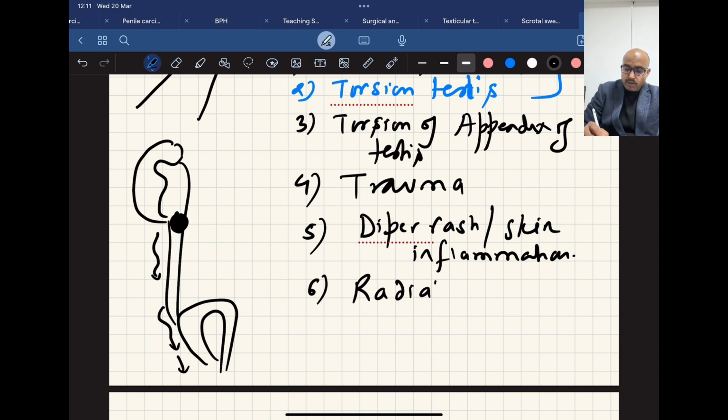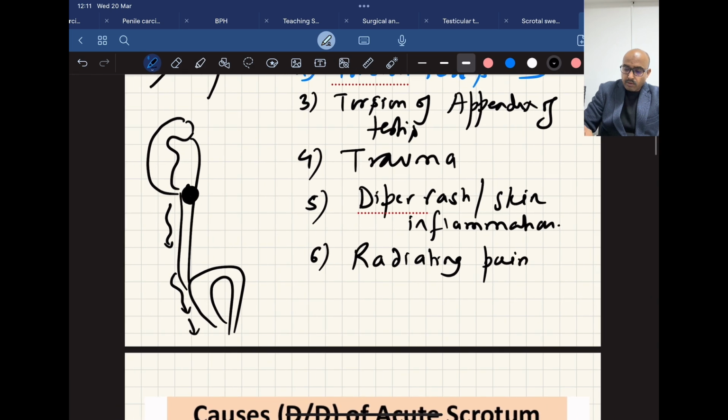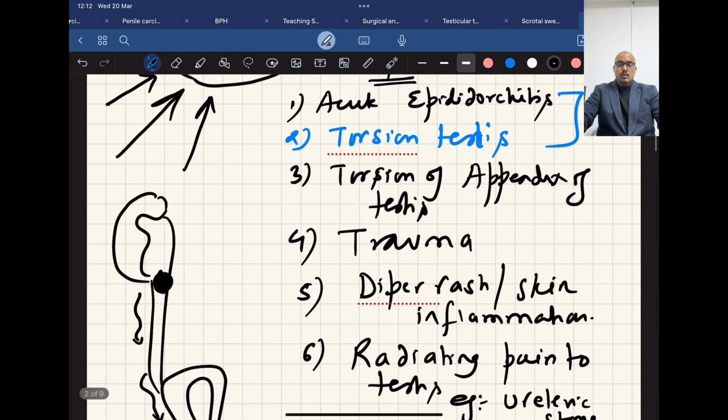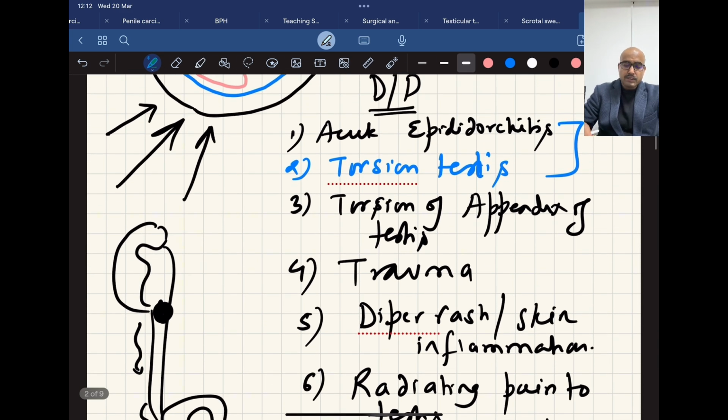Okay, so radiating pain to the testis, an example is ureteric stone.